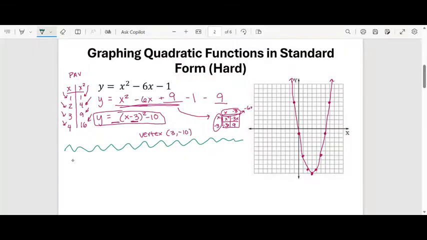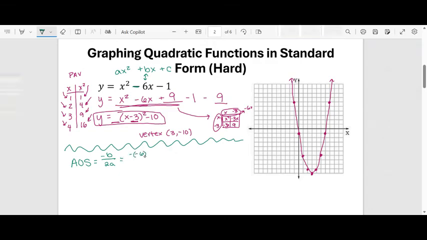So if you want to use your axis of symmetry equation, you can do negative b over 2a. Remember, it's ax squared plus bx plus c. My b is going to be negative 6. So whenever you're subtracting, that means that b value is going to be negative, okay? So I will have a negative 6.